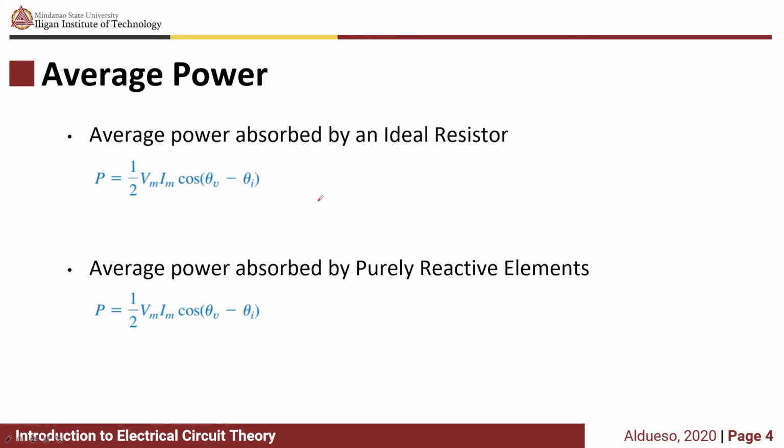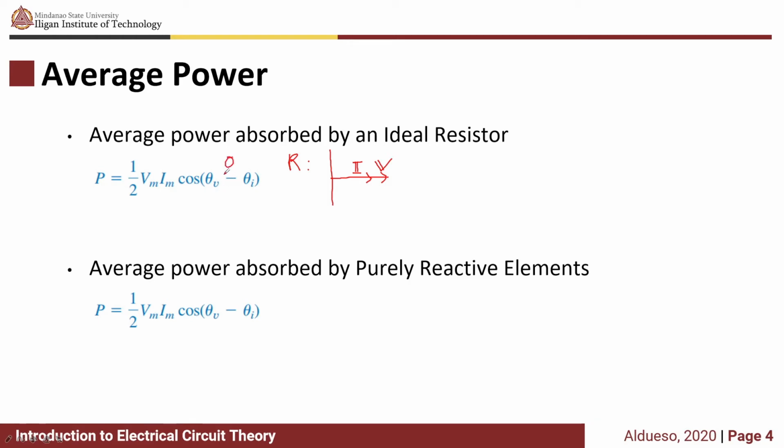Now we'll take a look at the average power absorbed by an ideal resistor and the average power absorbed by a purely reactive element. For an ideal resistor, for example, this is our voltage. The current is in phase with the voltage, meaning the difference between the phase angle of the voltage and the current is 0.